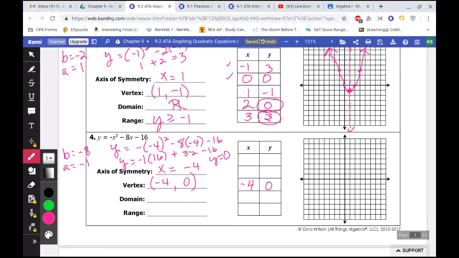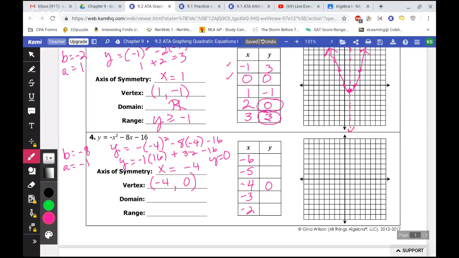All right. You guys help me fill in my other x values, please. What is 1 less than negative 4? Negative 5. Good job. What is 1 less than negative 5? Negative 6. All right. What's 1 more than negative 4? Negative 3. And what's 1 more than negative 3? Negative 2.